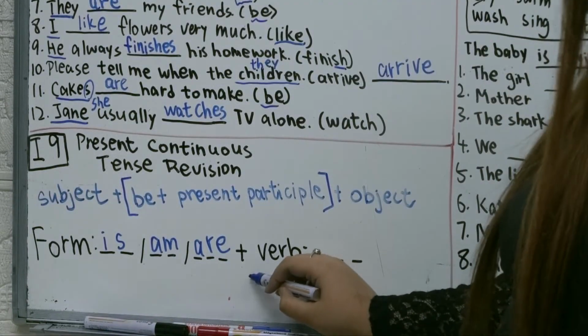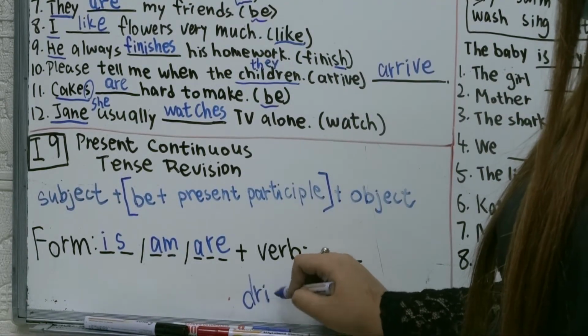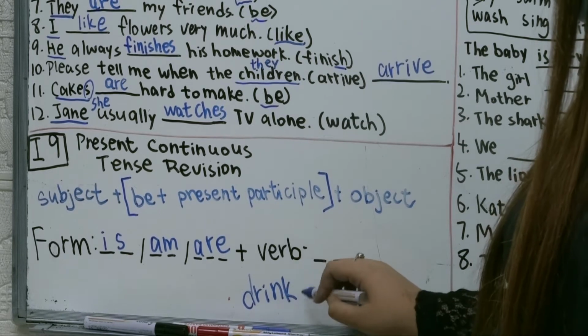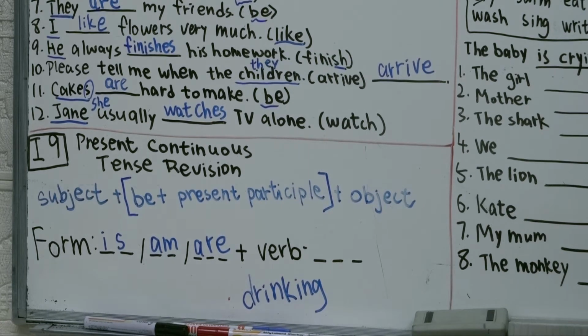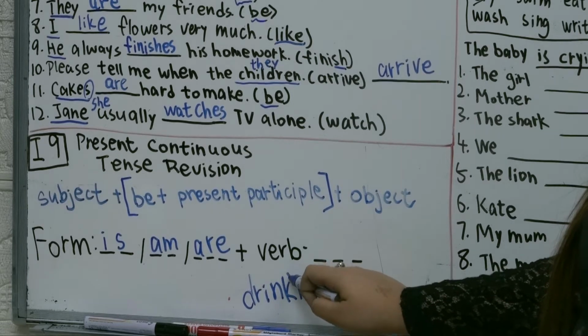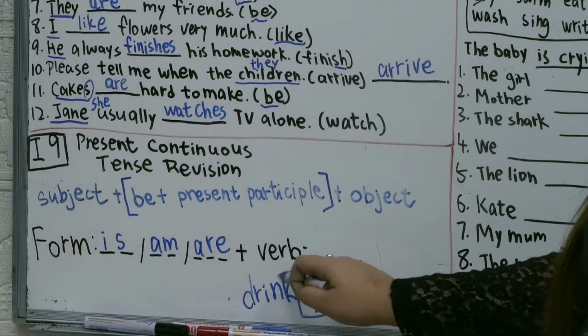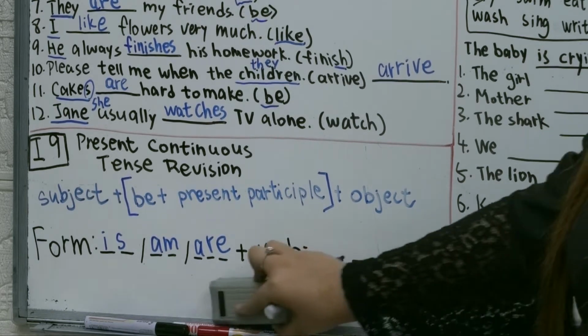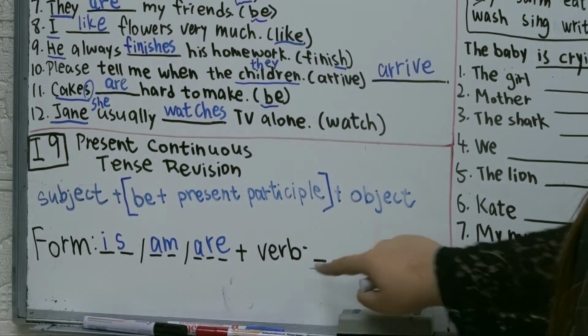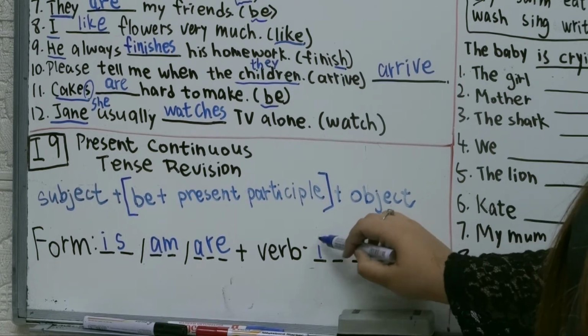So drink is the verb, right? What do we have to add to the verb in order to form present continuous tense? Ing. No answer. Okay. We have to add ing to the verb.